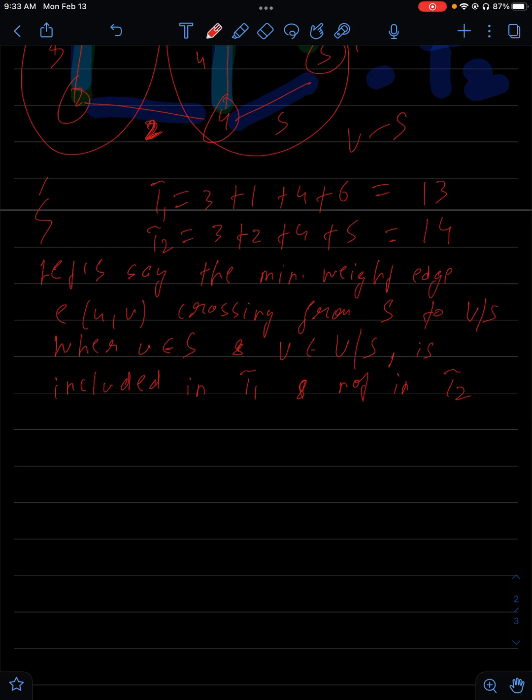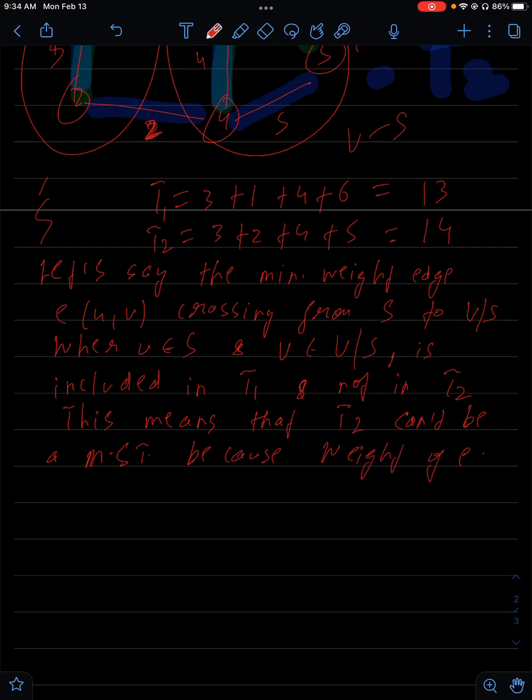So this means that T2 can't be a minimum spanning tree, because the weight of E1 is less than the weight of E2, where E1 is in tree 1 and E2 is in tree 2.